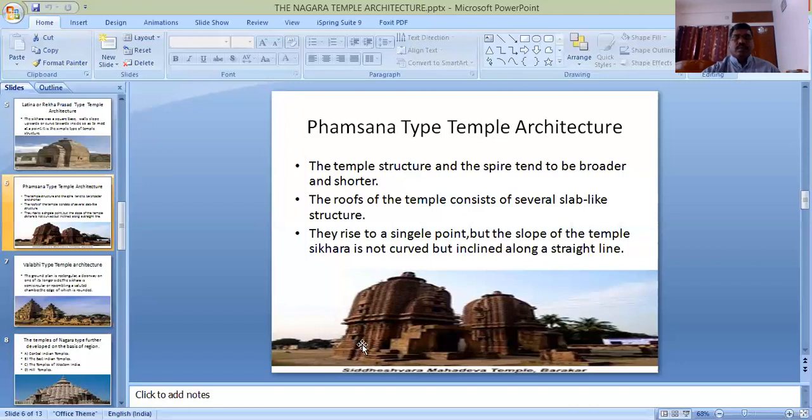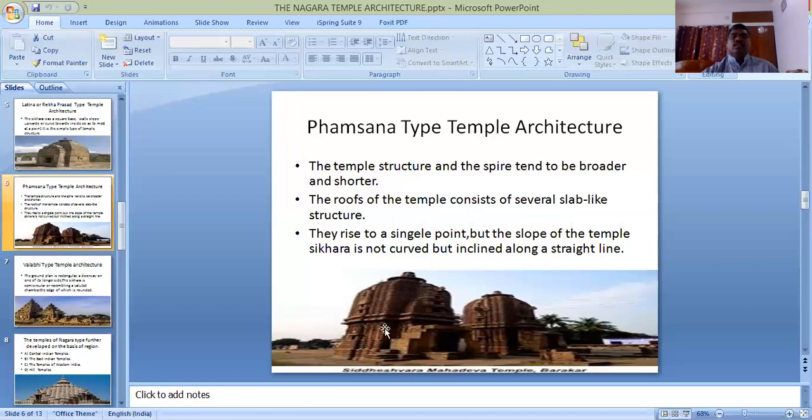Different slabs create a structure and they rise to a single point. The slabs meet at a single point, but the slope of the temple shikhara is not curved, just a straight line.